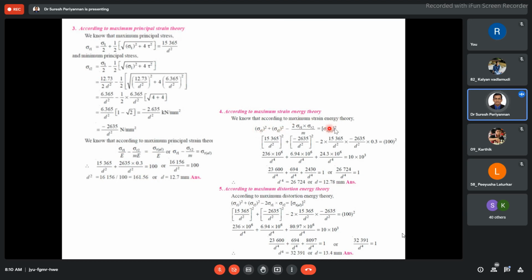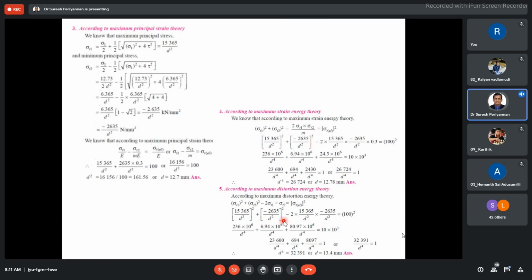See here, this is the equation: the left hand side is sigma 1 squared plus sigma 2 squared minus 2 sigma 1 into sigma 2 divided by m, equal to the right hand side, the standard specimen and our permissible limit stress. This is the strain energy theory, not the strain theory. So now we can find the diameter of the bolt based on the maximum strain energy theory concept.